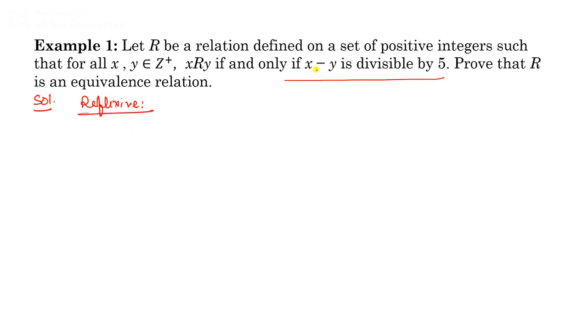For all x belonging to Z plus, you can write x minus x equal to 0. So you can start with this fact that x minus x is 0, which is divisible by 5 for all x belonging to Z plus.